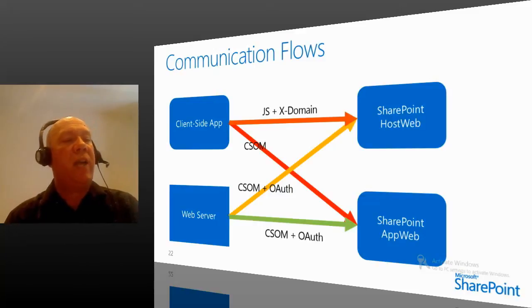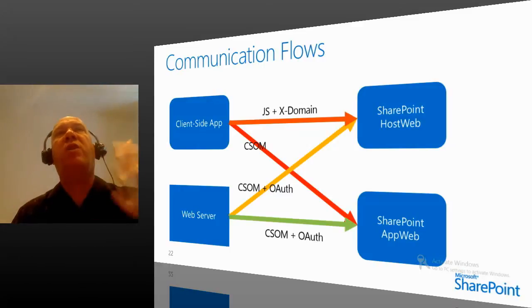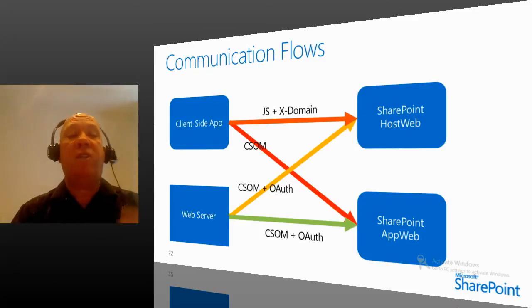If you take a look at the diagram, you'll notice I've got a number of lines being drawn here. For example, if I'm trying to get from my client-side application back to my SharePoint app web, that's fairly straightforward. The page on which the iframe resides is actually coming from that SharePoint app web. That's the domain, so it becomes very easy to use client-side object model functionality to do that.